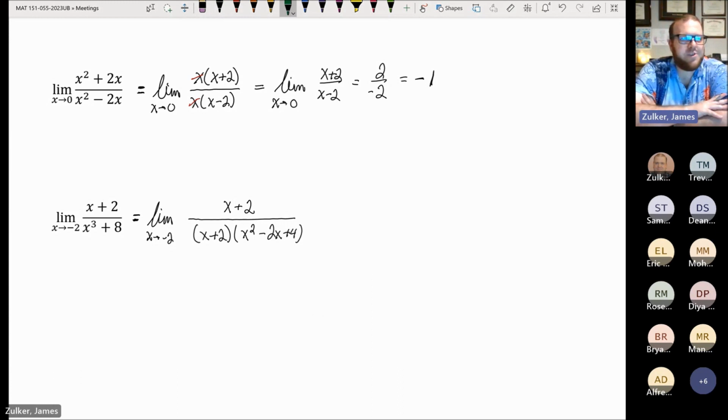Remember, that's a sum of cubes. It's one of those special factors on the reviewer pre-calculus table that's available.